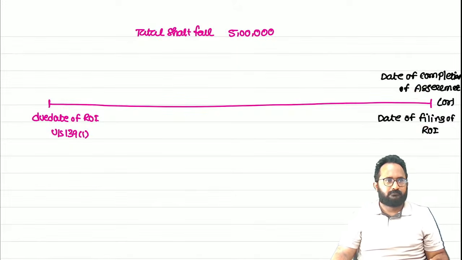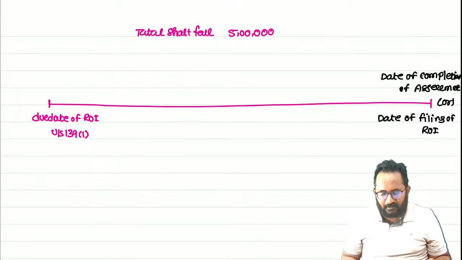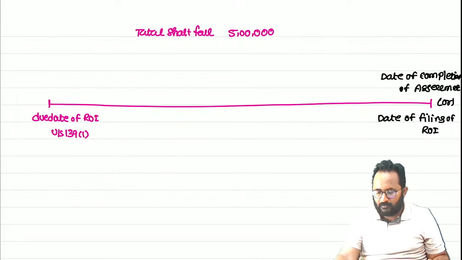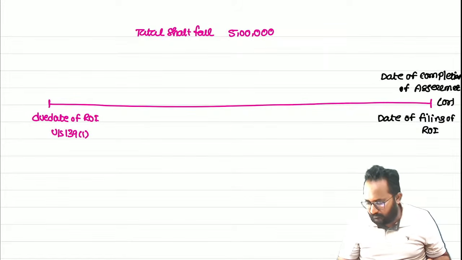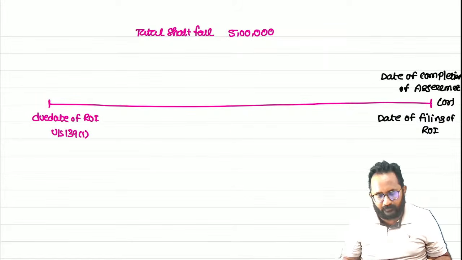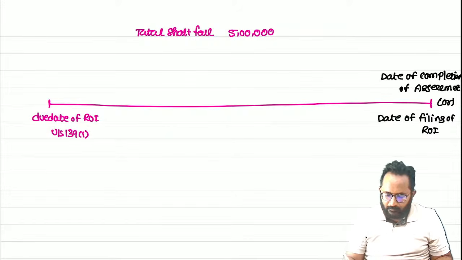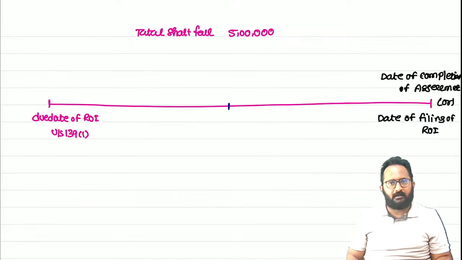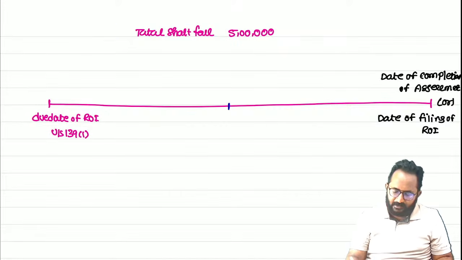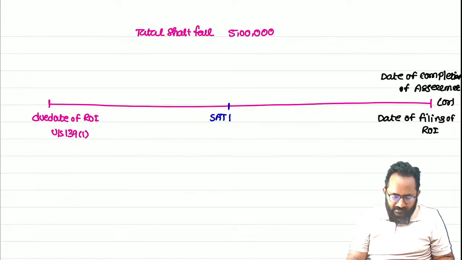Now SSE can do this. Why is he delaying the filing of return of income? Because he is unable to file the return because of insufficient details. Now, exactly on this day, he paid the self-assessment tax.